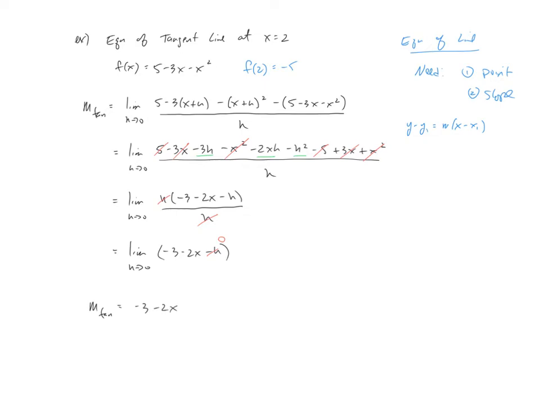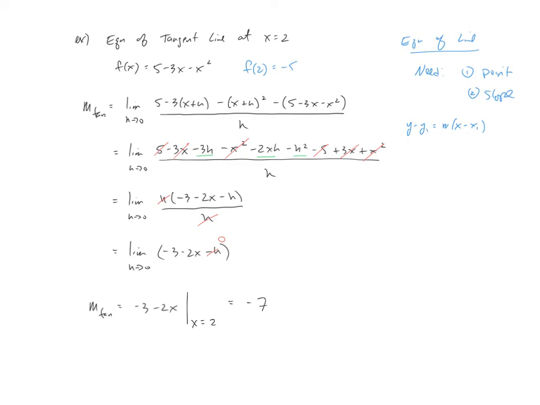And remember, I called that a slope predictor. That's going to give us the slope of all tangent lines to this curve right here. Now, for us, we don't want all of them. We want the one in particular at x equals 2. So what I'll do now is take this slope predictor, evaluate it at x equals 2, and when I plug that in, that's going to give me a negative 7.